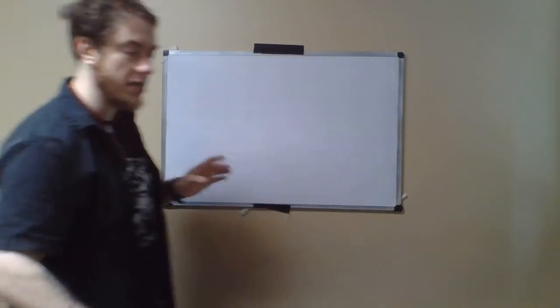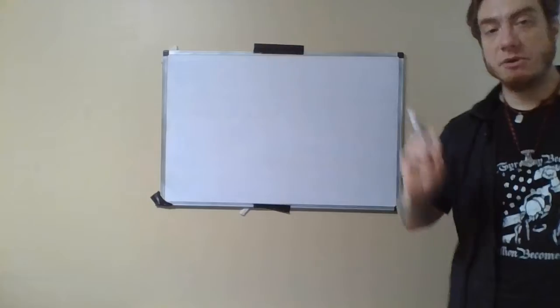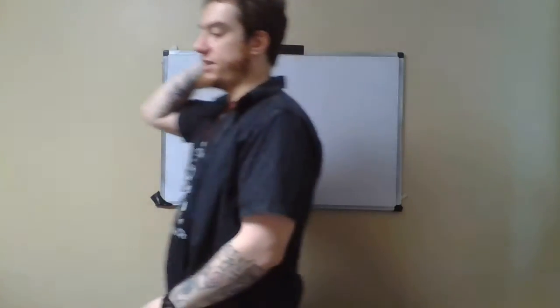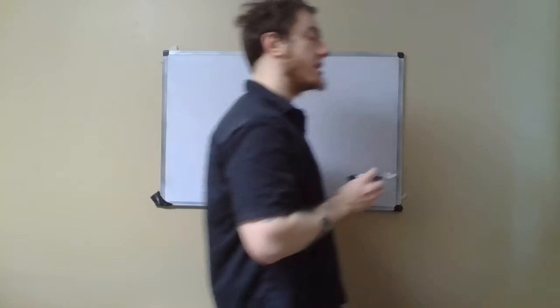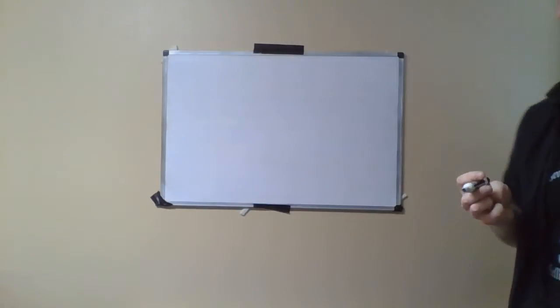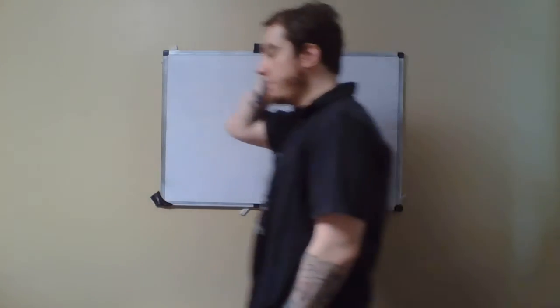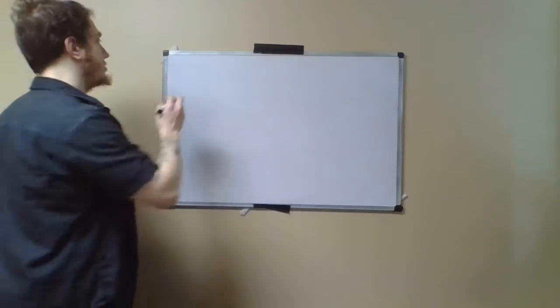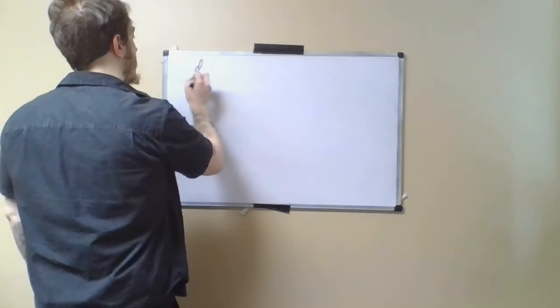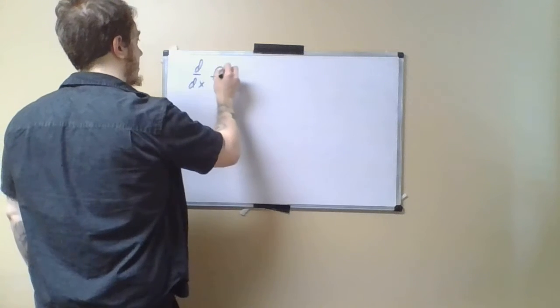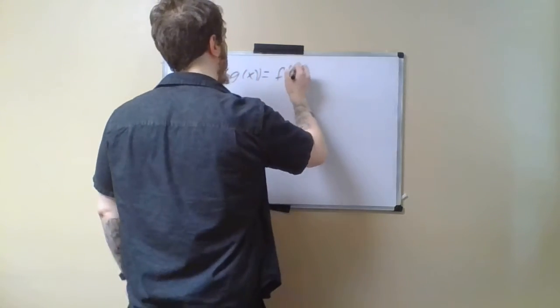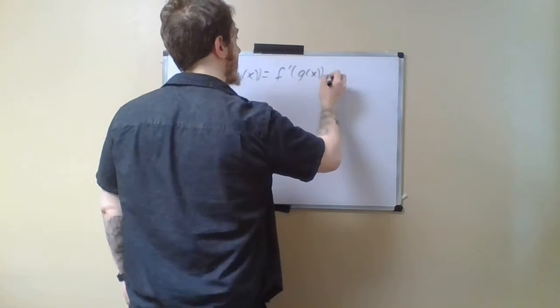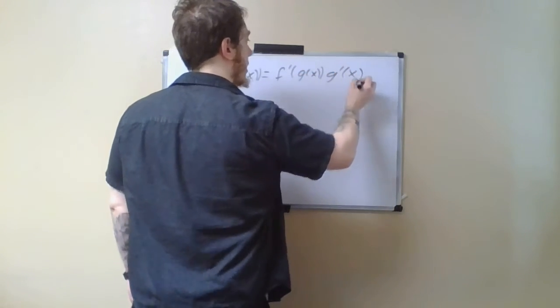Okay, so with that notational stuff out of the way, let me remind you about this idea of how do we reverse the chain rule so that we can get antiderivatives. Well, let me remind you what the chain rule says. The chain rule says that d by dx of f composed with g of x is f prime composed with g of x times g prime of x.